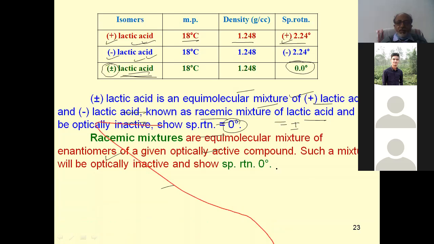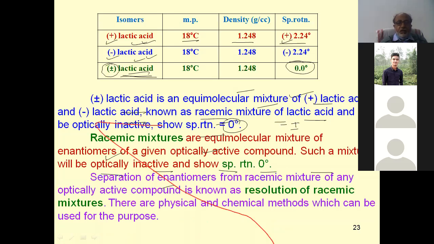Of a given optically active compound, such mixtures are optically inactive and show specific rotation of 0 degrees. Separation of the enantiomers of a mixture of any optically active compound is known as resolution of the racemic mixture. This is a term you should be acquainted with.